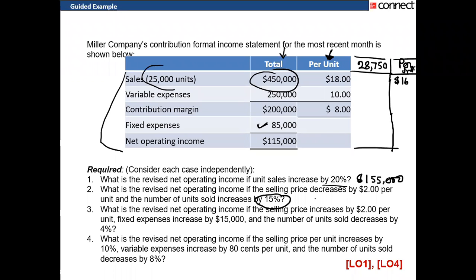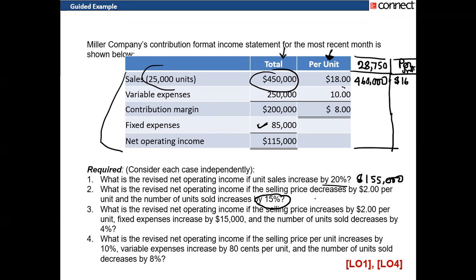Now, what will be the sales amount in terms of dollar if we have the 28,750 sales and the $16 sales price per unit? We have the sales value of $460,000.